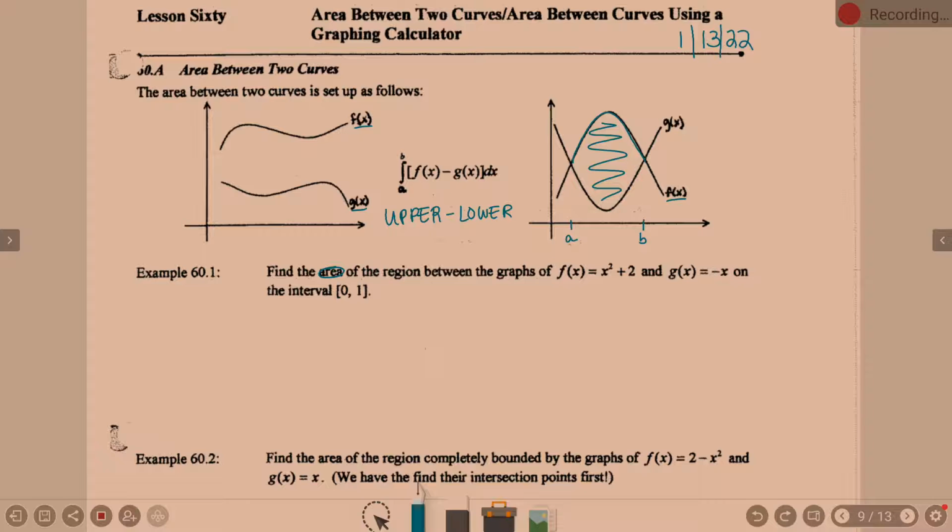Because this general form up here says f of x minus g of x, as in f of x representing the upper curve in both cases. They give me f of x and g of x. Am I definitely saying that f of x is the upper curve here? That's not what it means. We're always going to do upper minus lower. Probably would have been better if these were named something other than f and g, so you don't think that way.